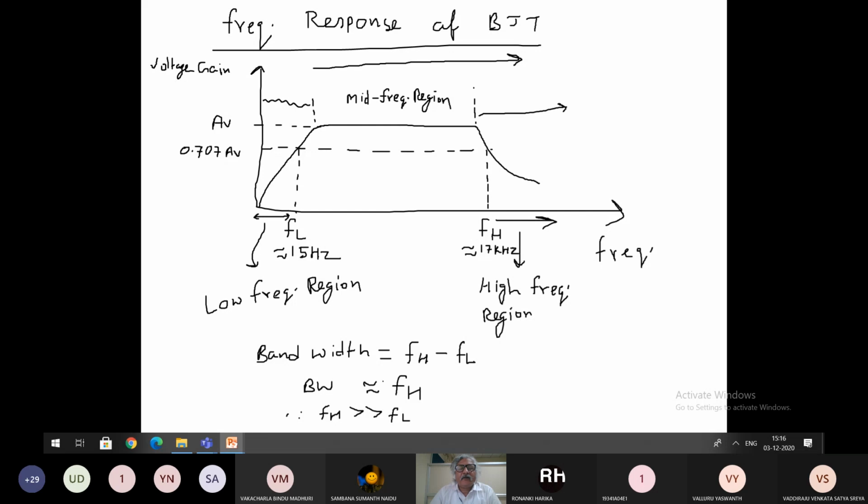So we were discussing the frequency response of a BJT amplifier, and we already discussed the effect of the coupling capacitor. We find that the dip in the voltage gain in the low frequency region is caused by the coupling capacitor.